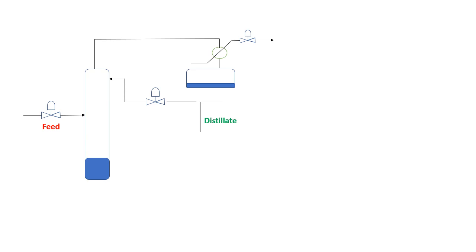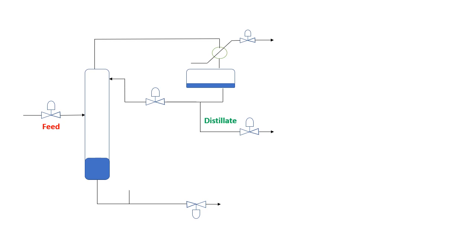Whatever is left after the reflux is known as the distillate, and the distillate is the final outcome from the distillation column. Now from the bottom of the distillation column, whatever material is coming out is known as the bottoms.